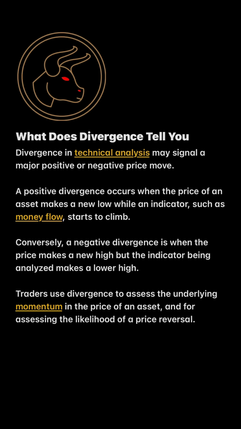A positive divergence occurs when the price of an asset makes a new low, while an indicator such as money flow starts to climb. Conversely, a negative divergence is when the price makes a new high, but the indicator being analyzed makes a lower high. Traders use divergence to assess the underlying momentum of the price of an asset and for assessing the likelihood of a price trend reversal.